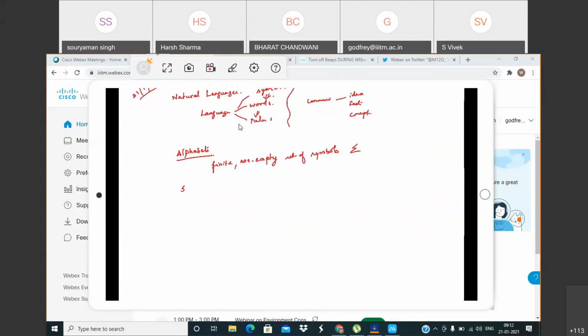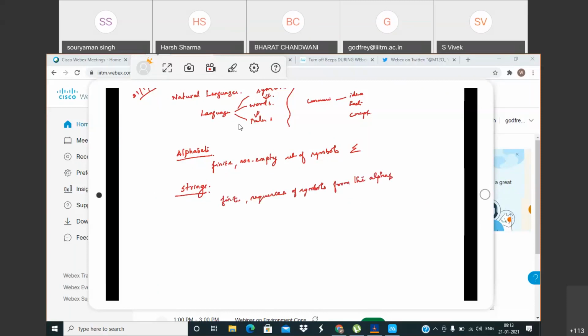Now, given that you have these alphabets, from these alphabets you construct the next thing, which is called a string. The strings are made up of these symbols, and you can write these strings as finite sequences of symbols from the alphabet.